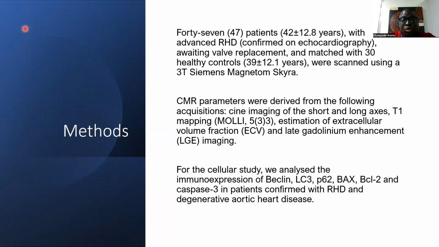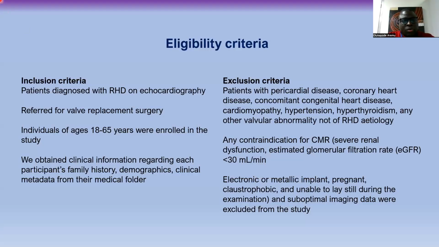RHD, rheumatic heart disease, is of inflammatory etiology. This is what we used in characterizing them: RHD confirmed on echocardiography, and people who are contraindicated for a CMR were not allowed to be scanned.